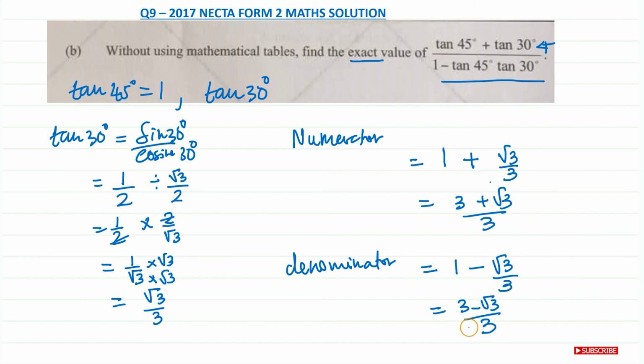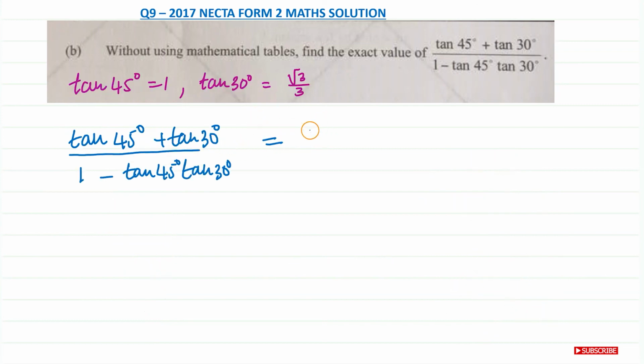So that is the denominator. Let's go ahead and now put our numerator and denominator together. Right, so now we have our numerator. We can put in 3 plus root 3 over 3 divided by the denominator, which is 3 minus root 3 over 3.